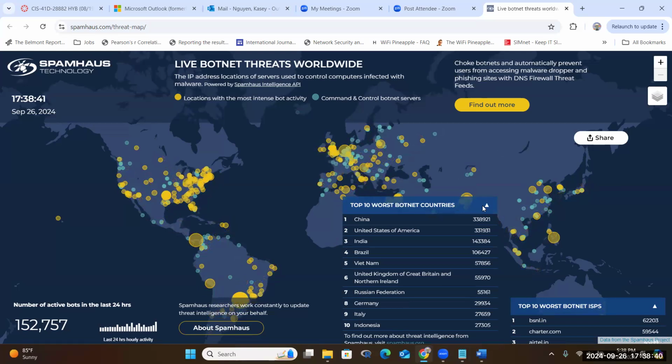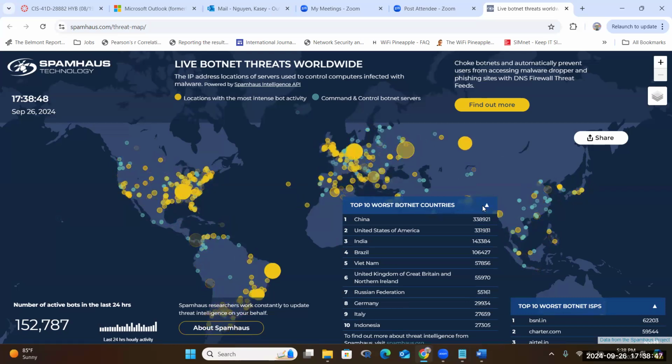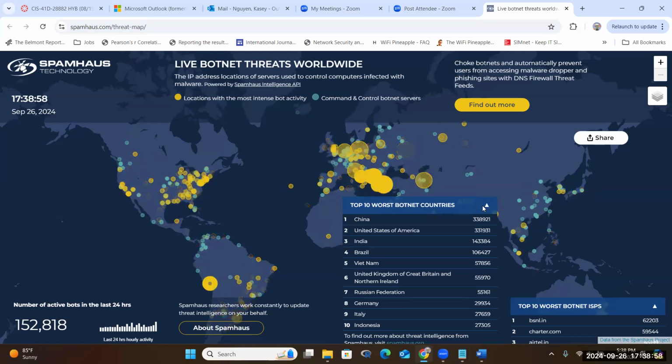So we usually rank high anyway in the US. The United States is usually within the top 5. Right now we're second after China, and then right after us is India. Then you have Brazil, so some South American countries are popping up on the scene.